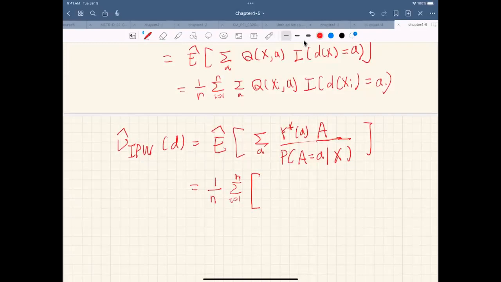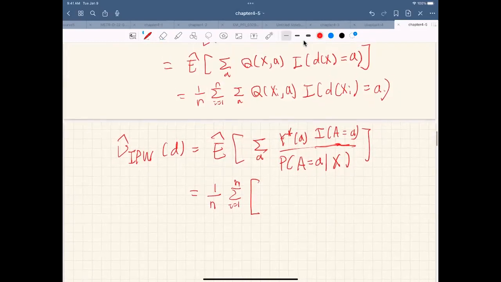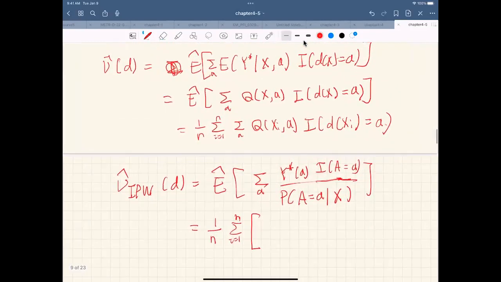Actually this is not exactly correct. We need an indicator, right? So basically this one will give you... we also need the indicator of D, DX equal to A. So this one should actually be the indicator that DX equal to A, right?